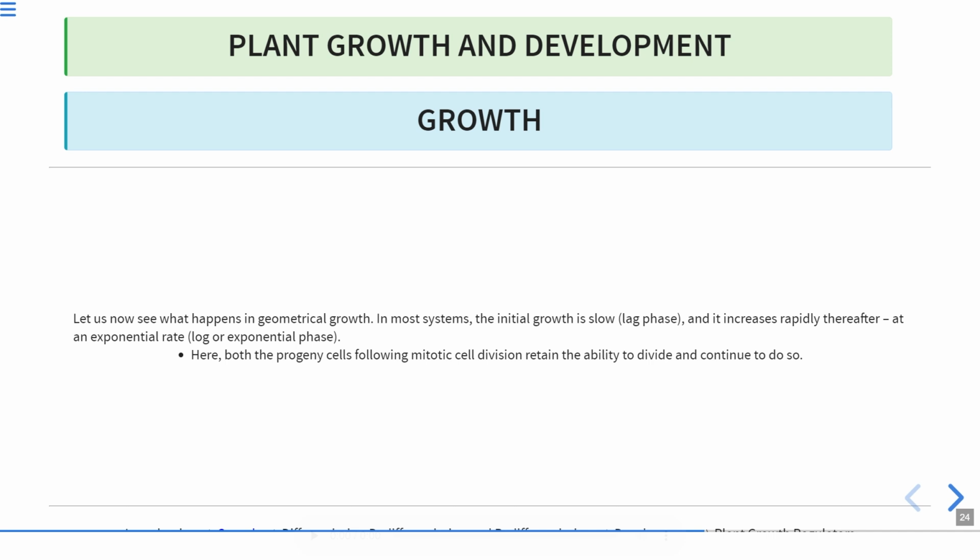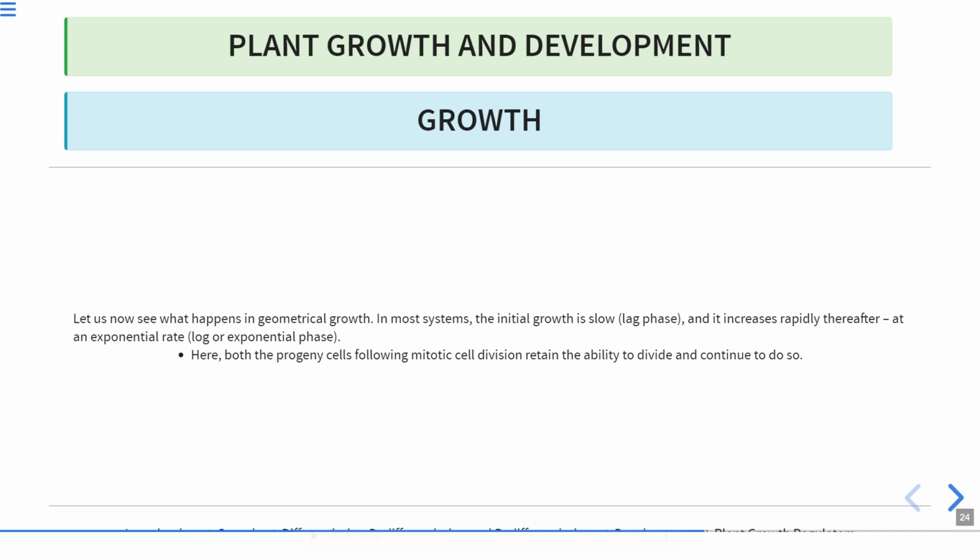Earlier, in the case of geometrical growth, you see it is not growing at a fast pace. That is why it is called a lag phase, the phase showing very limited growth. But after a certain time, it is showing exponential growth.